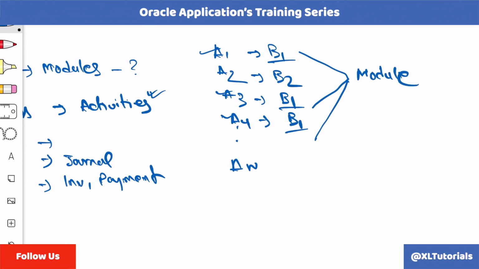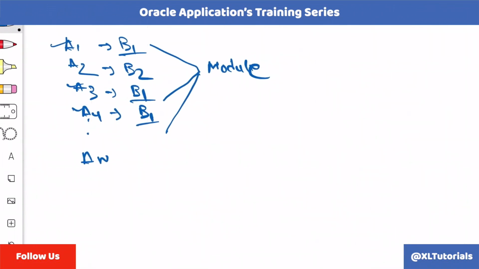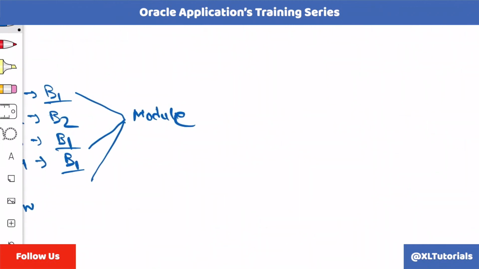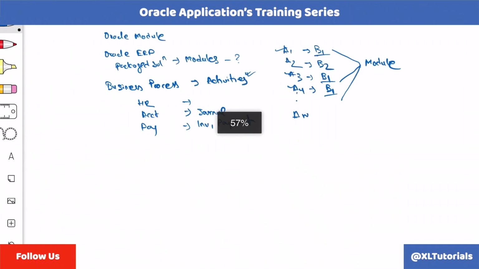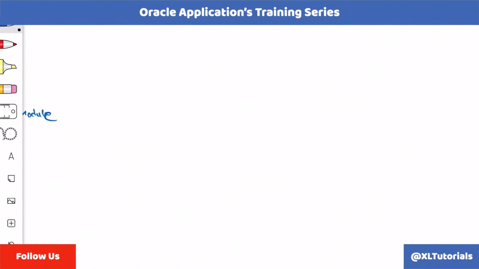So a module is nothing but a grouping of activities which generally belong to the same business process. Oracle delivers most of its capabilities through modules. For example, there is a very popular module called GL.